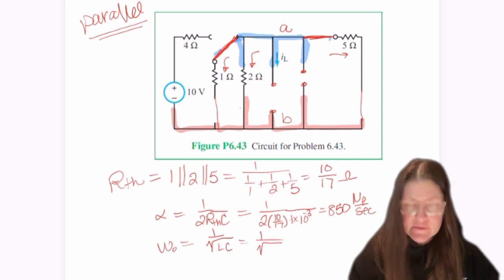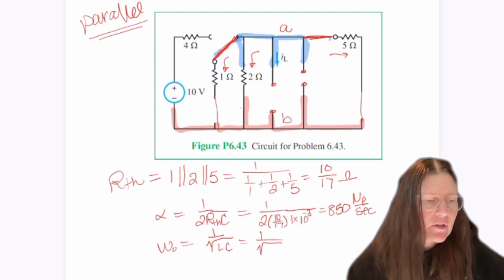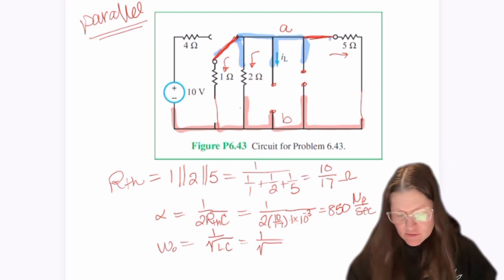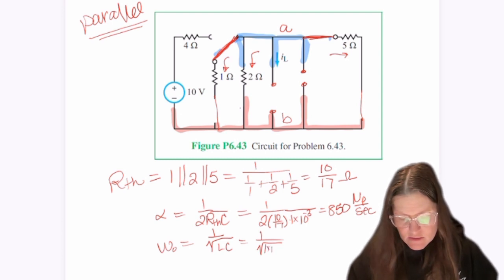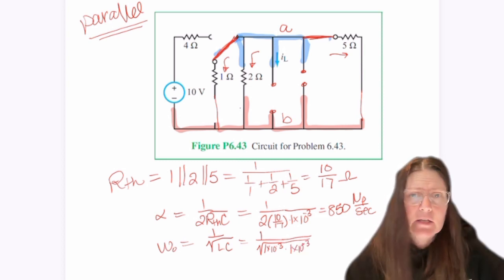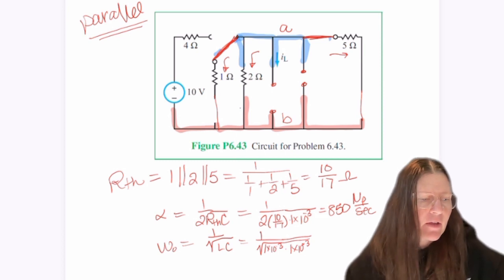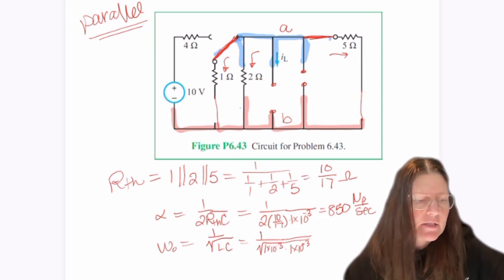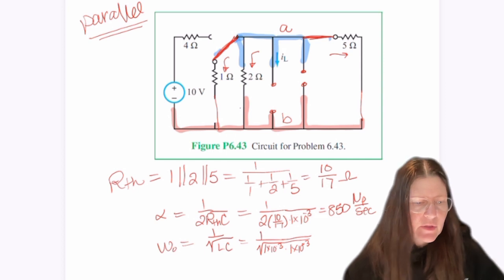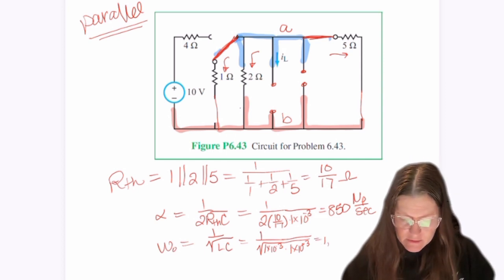What was L? L was 1 millihenry, and then the capacitor was 1 millifarad. And so this gives a value of omega naught of 1,000 radians per second.